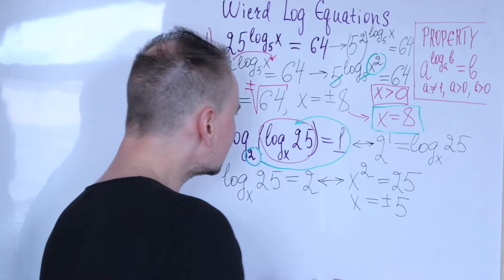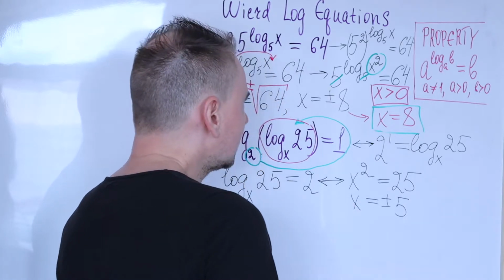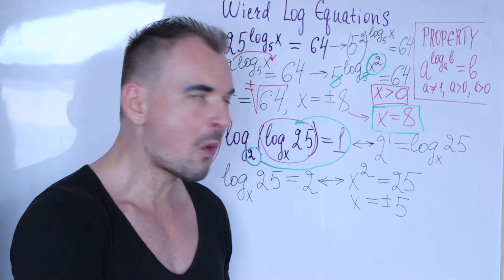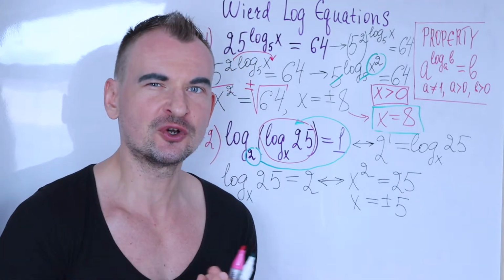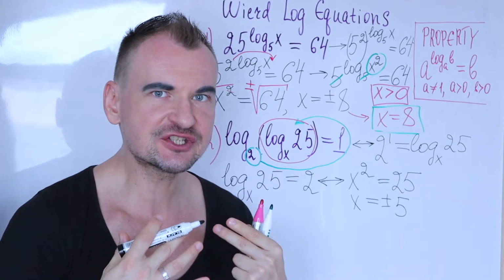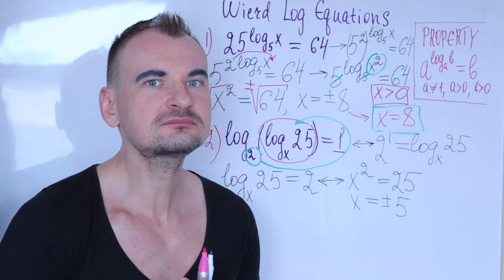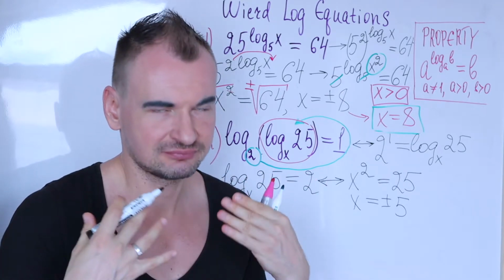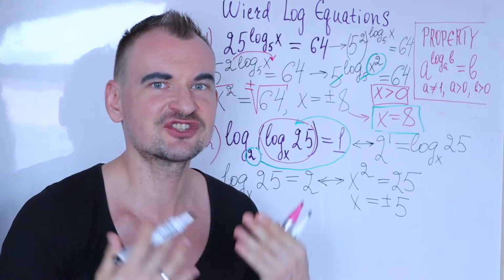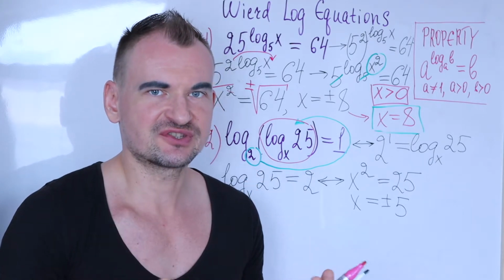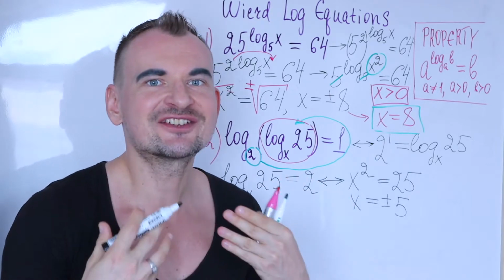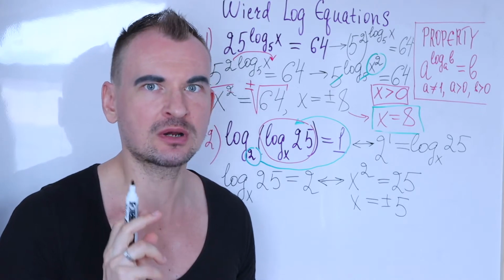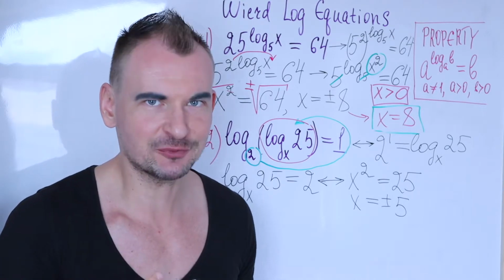Again, at this point you need to check for extraneous solutions. Sometimes the algebra you do might turn up extra solutions, extraneous or bad solutions, that basically don't work for your original equation.